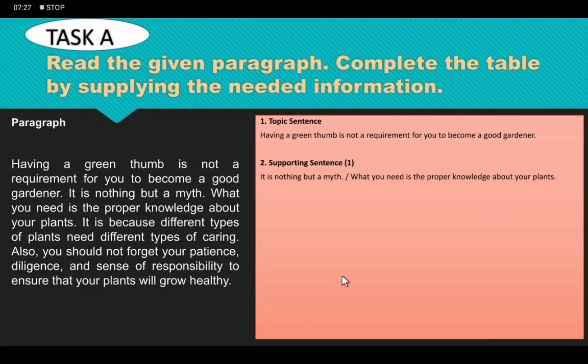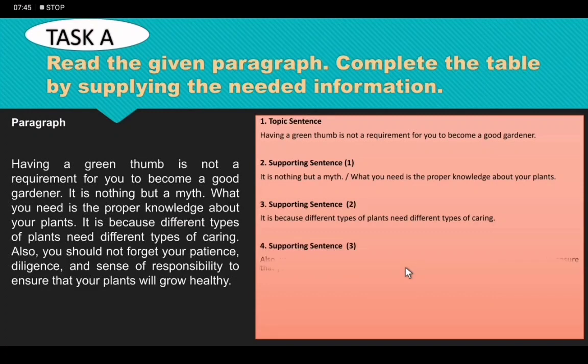What you need is the proper knowledge about your plants. Do we have any other supporting sentence in this paragraph? Yes, we do. It is because different types of plants need different types of caring. Another supporting sentence is, also, you should not forget your patience, diligence, and sense of responsibility to ensure that your plants will grow healthy.